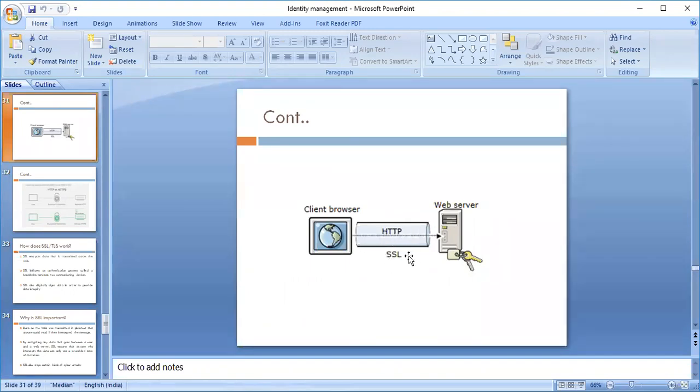Here is a protocol that is used while establishing a connection between the browser and the server. When we are using HTTPS in the browser URL, that means SSL is being used.